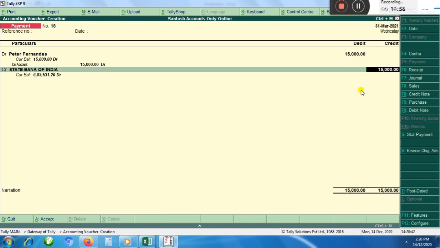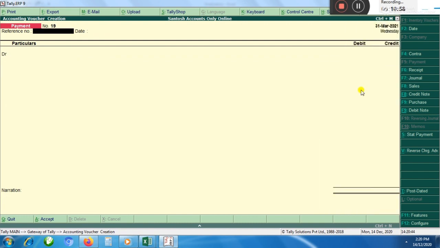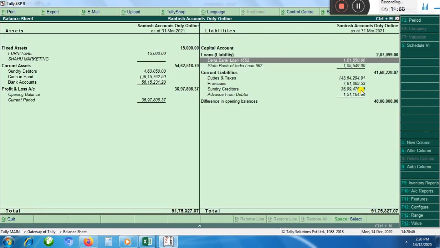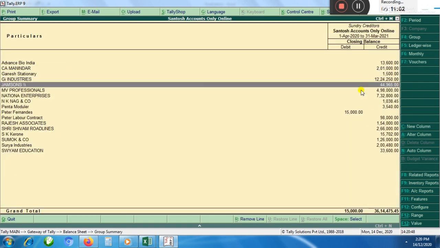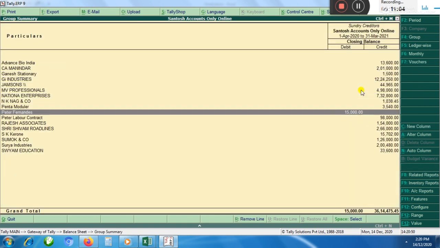Remember, when the creditor shows a debit balance, that means either that entry is a wrong entry or it is paid in advance. Vice versa, if the debtor shows a credit balance, that means either that entry is wrong or it is received in advance. Here it is paid in advance, rupees 15,000.